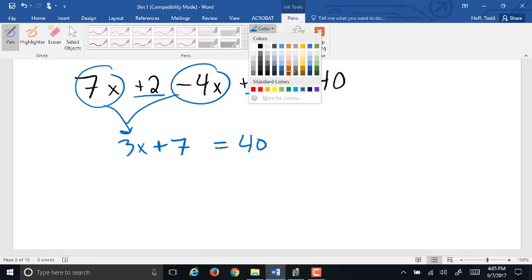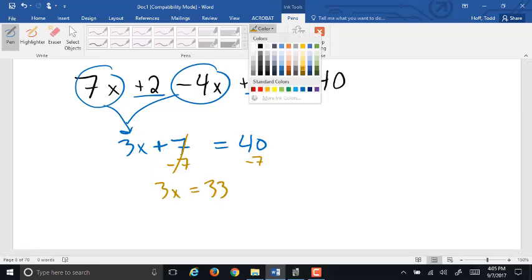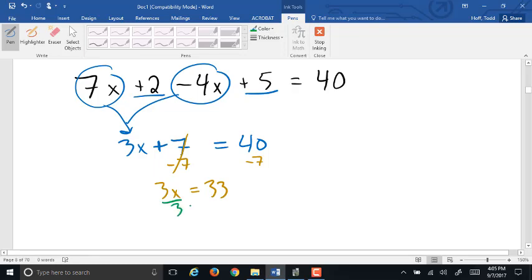Still equals 40. What's next? Minus 7. That gives us 3x equals 33. And then divide by 3. X equals 11.